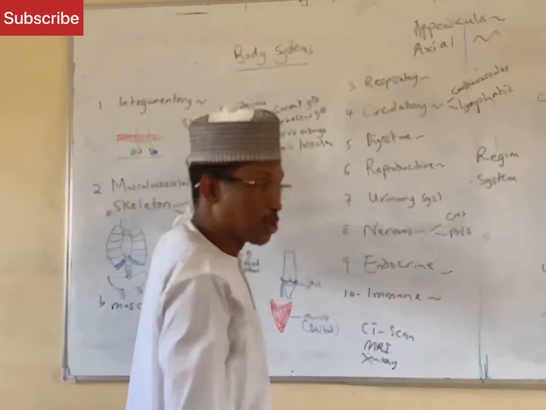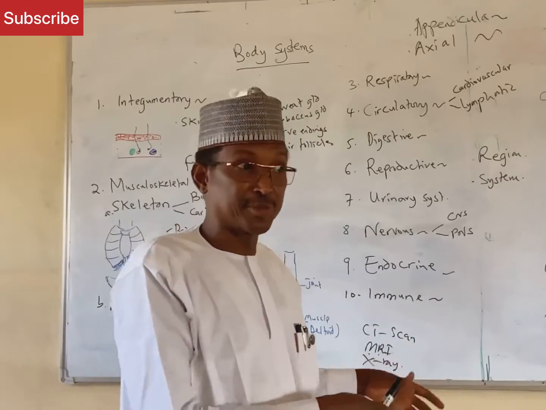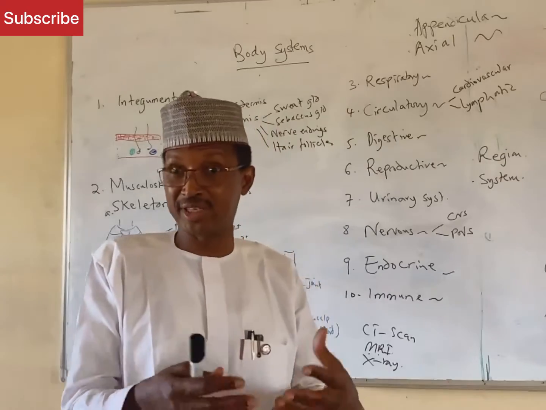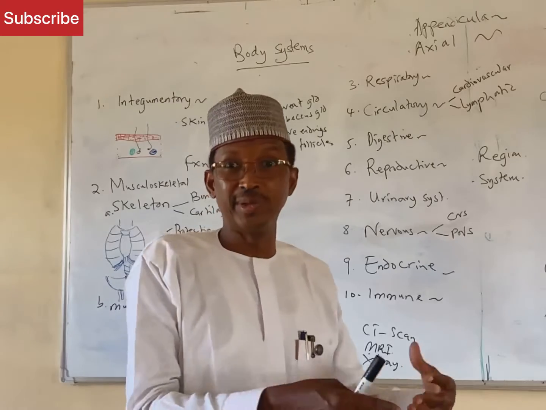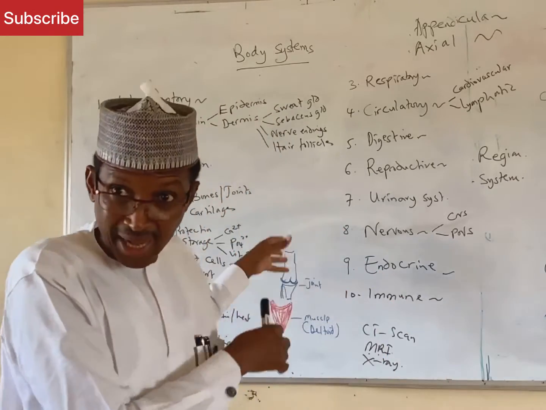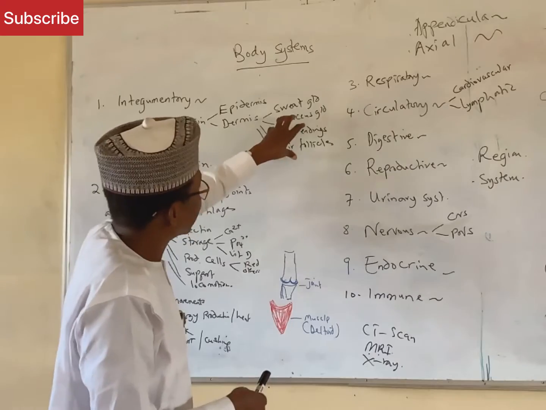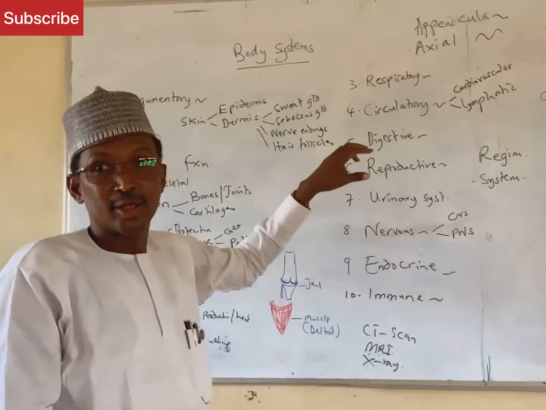So the skin is just like the plaster, as I told you. One of the functions of the skin is to give beauty, because you will see fresh skin, old skin, light skin, brown skin, darker skin, and so it gives color. Apart from that, in the skin itself, we have what we call sweat glands.